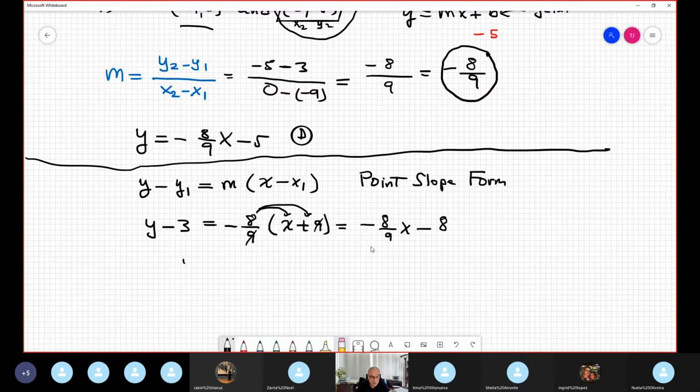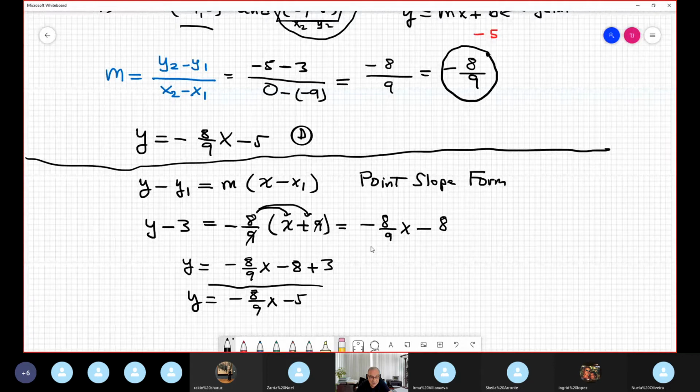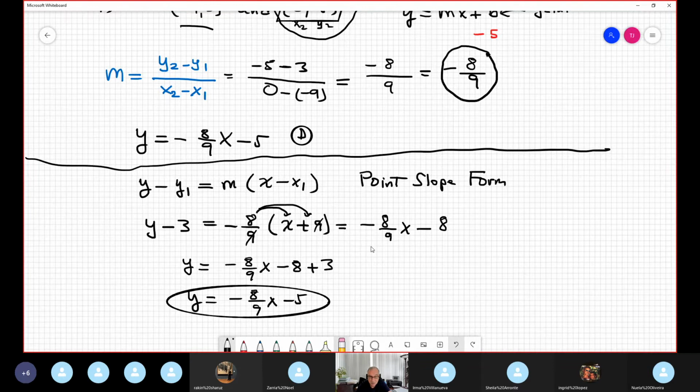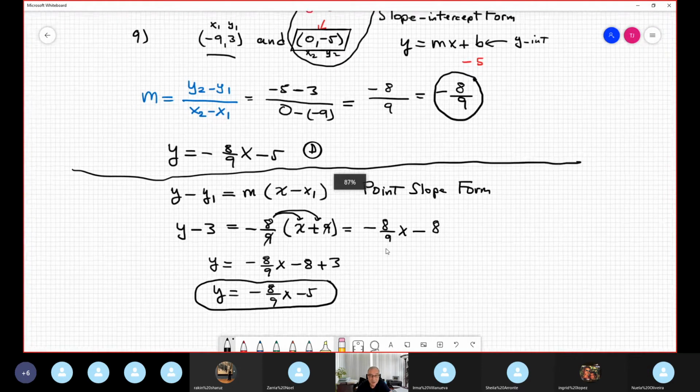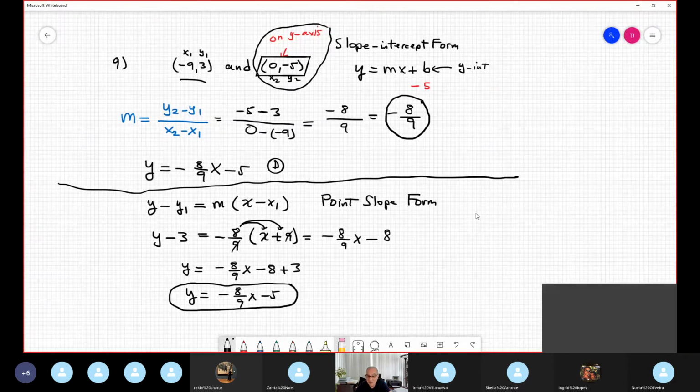Now, finally, solve for y, because they want slope-intercept form: minus 8/9x minus 8 plus 3. Y is equal to minus 8/9x minus 5. And we get the same result automatically without realizing that this point by coincidence is a y-intercept.